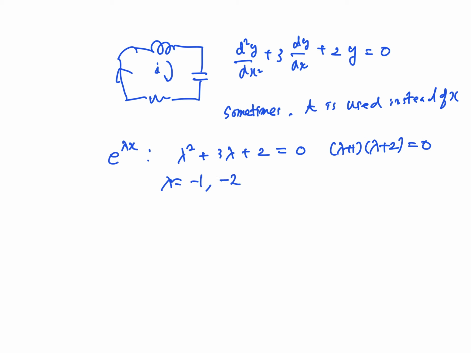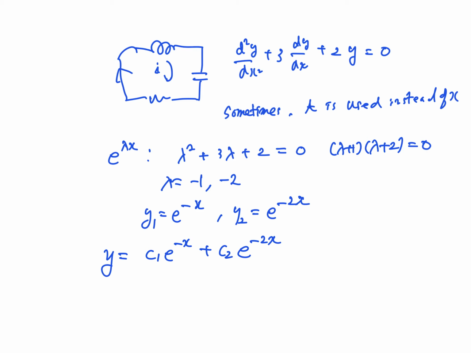So we can have two solutions, y1 exponential minus x, y2 exponential minus 2x. And the general solution is a linear combination of these two. So y is c1 exponential minus x plus c2 exponential minus 2x.